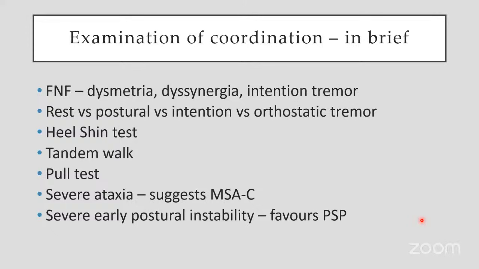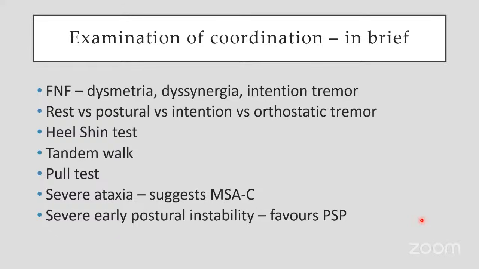If the tremor comes after a few seconds of attaining the posture, it is re-emergent tremor. Intention tremor is seen in the cerebellar component, and there is orthostatic tremor. And we'll be checking the heel shin test and tandem walk.